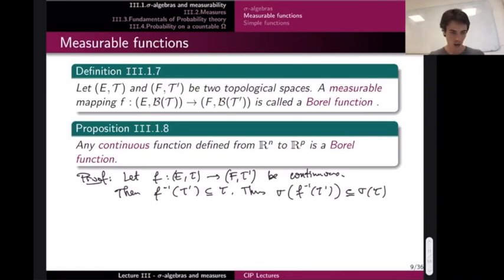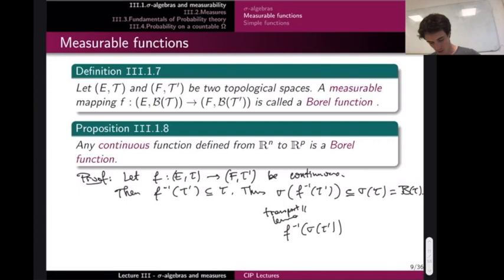And sigma of T, by definition, is the Borel sigma algebra on T. And this, by the transport lemma, is f minus 1 of sigma of T prime, which is equal to f minus 1 of B of T prime. So you see that f minus 1 of B of T prime is included in B of T. Okay, so f is Borel measurable. So that's our proof using the transport lemma again.